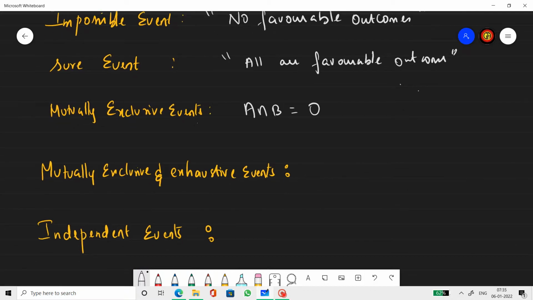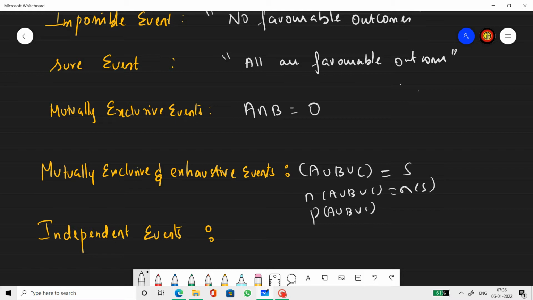Mutually exclusive and exhaustive events. So A union B union C will be the sample space itself. So N of A union B union C will be N of S, and therefore P of A union B union C will be P of S. Basically it's 1.